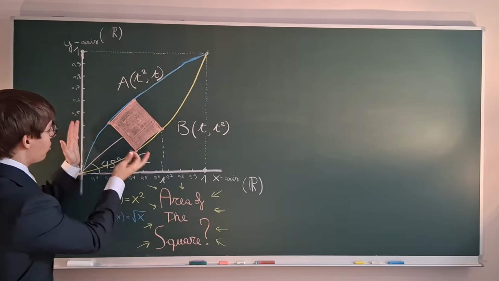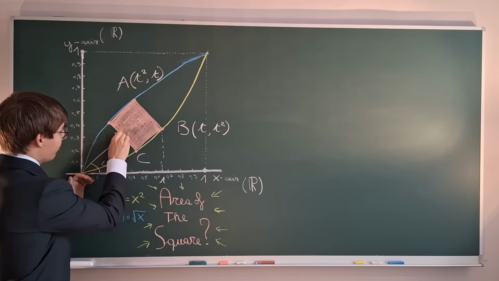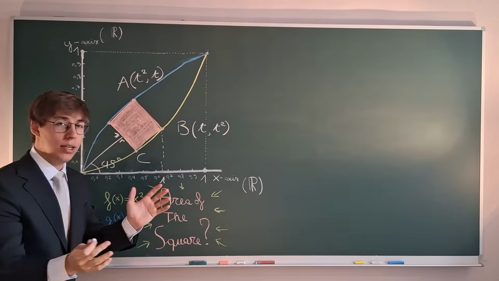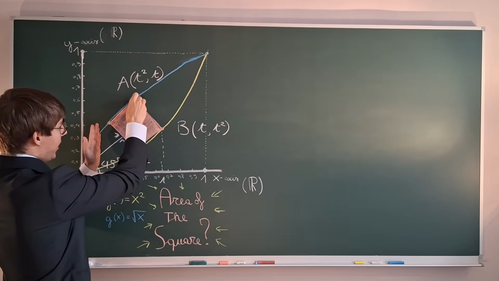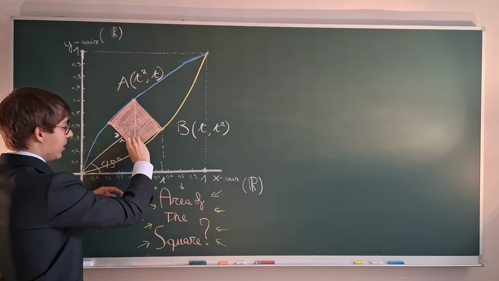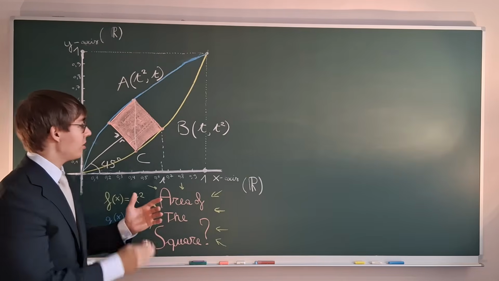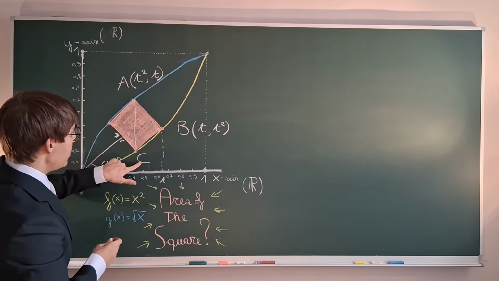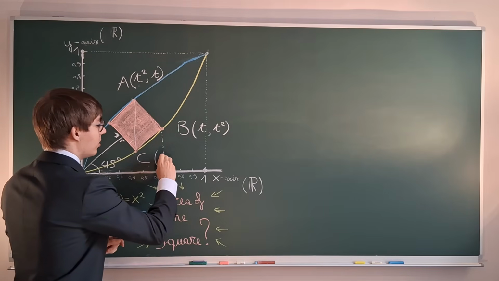And now because of the symmetry in this figure, we see that this is a right angle and this is a right angle, which means that these two points A and C lie exactly on a vertical line, since we know that the angle of a square is 90 degrees, so that this angle is also 45 degrees. I hope you can see that. So this means that the x-coordinate of C is equal to the x-coordinate of A, which is t squared.